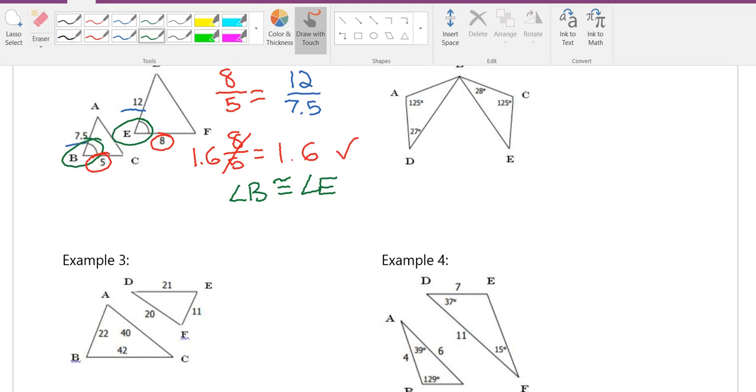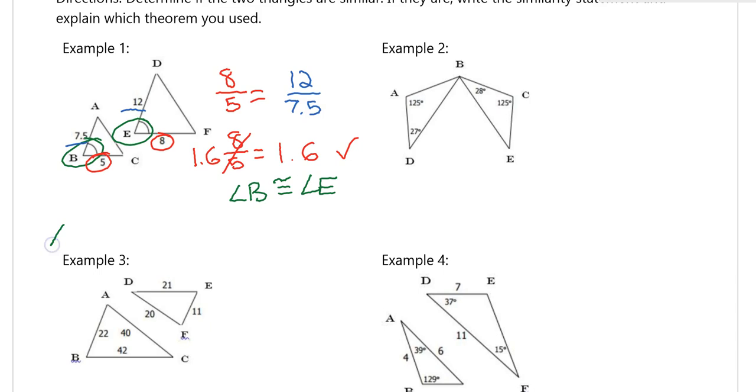Triangle ABC is similar to, well, A was between the line and nothing, D. B was my circled one, so E. And then C is the one that's left, so F. Again, be careful with your naming. By side, angle, side.